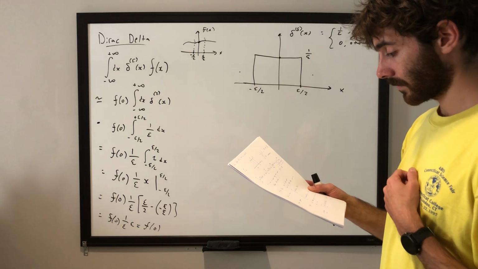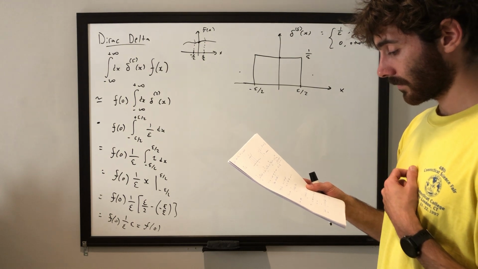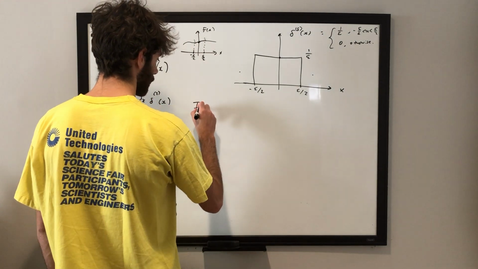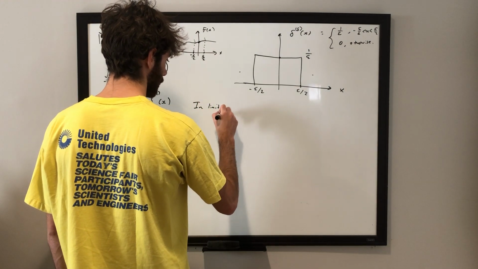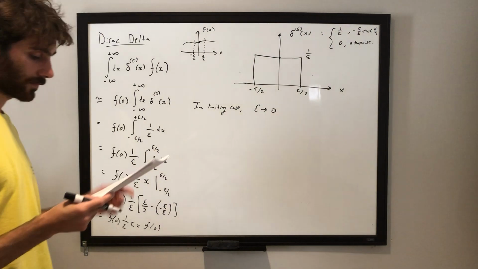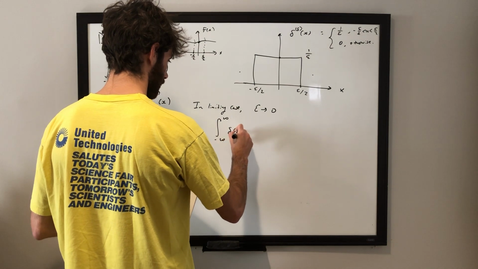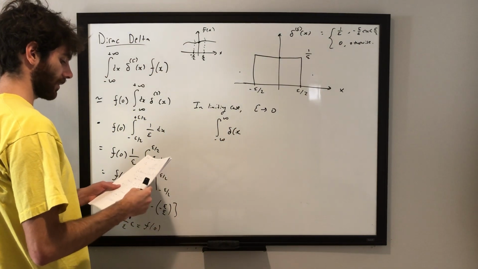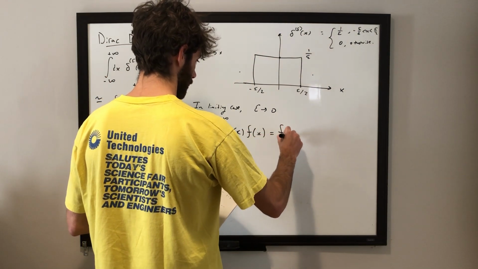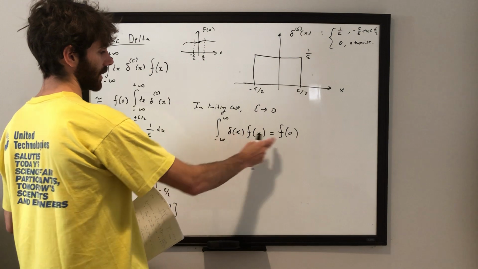So in the limiting case, because epsilon doesn't come in, we can drop the superscript, and we just have that the integral of a function times a delta function gives the value of the function at x equals 0.